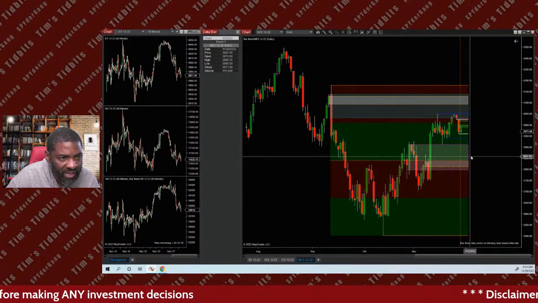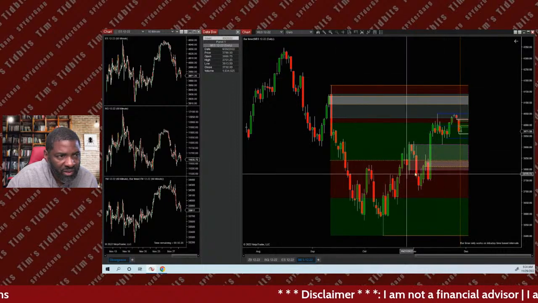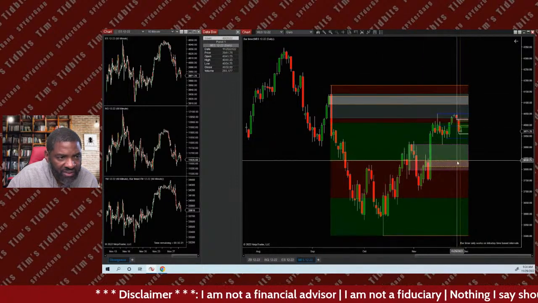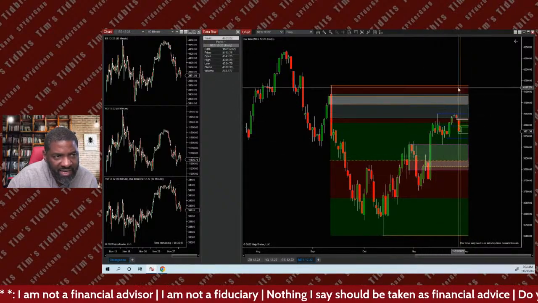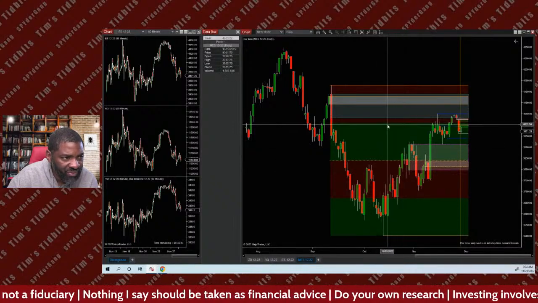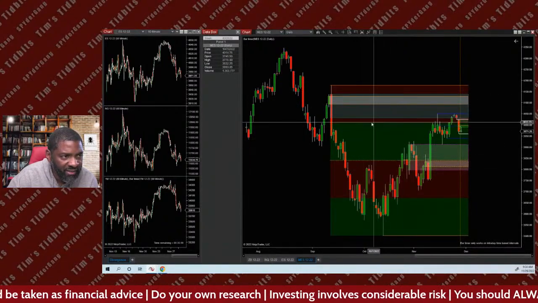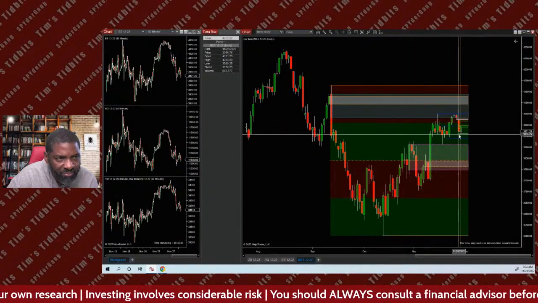Price is in a premium of the monthly box. But if you notice, we're in the discount of the premium, because from the high to equilibrium, that's the halfway point. That's equilibrium of the premium. So price right now is in a discount of the premium.